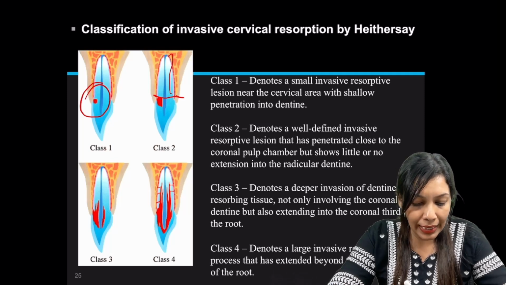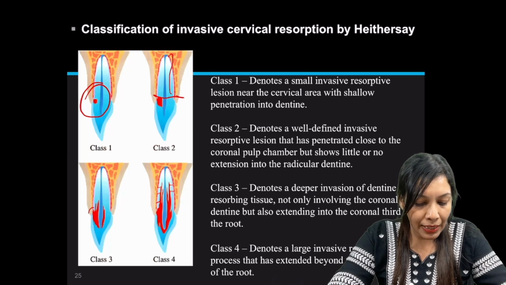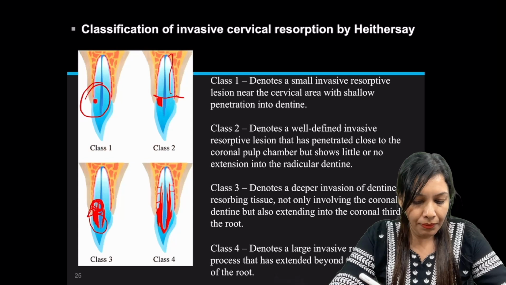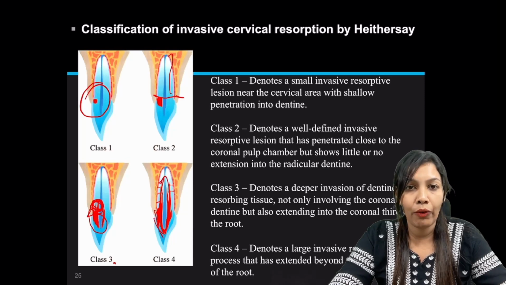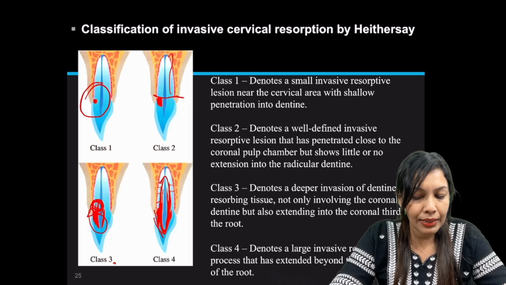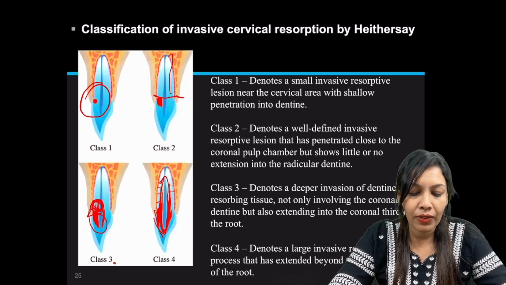Class 3 denotes a deeper invasion, you can see, completely involving the coronal area and slightly involving the first third of the root. That is class 3. Class 4 is when the entire coronal and radicular root has been involved. So type 1 is the resorptive area which involves the cervical area.